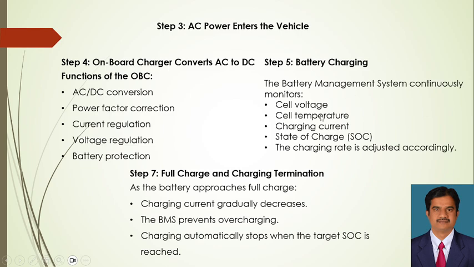This is monitored by the battery management system after the OBC, the onboard charger. At the last step, full charge and charging termination: as the battery approaches full charge, charging current gradually decreases. The BMS prevents overcharging. Charging automatically stops when the target SOC is reached.